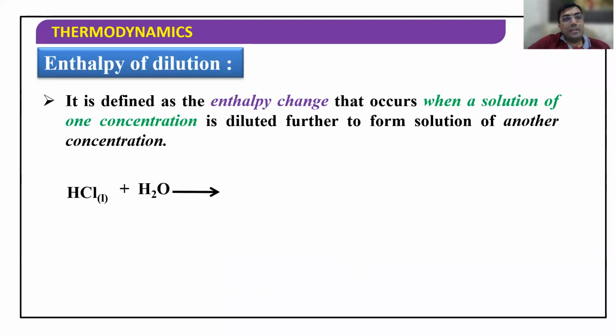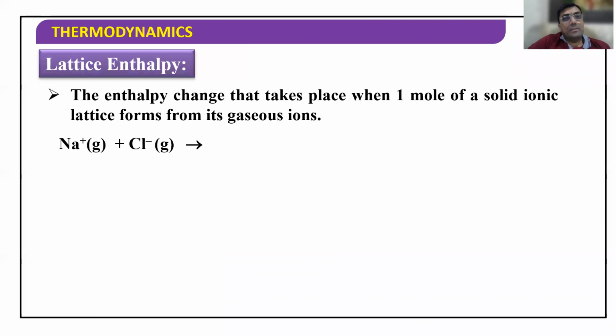Now, dilution I explained already, right? I don't want to get into it. Lattice enthalpy is very simple. It is the amount of energy released. Released means what process? Exothermic. It is the amount of energy released when 1 mole of crystal is formed from its constituent ions.